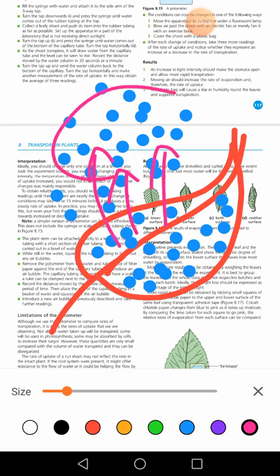And the outside part is quite thin like this. And let me draw some outside cells. So these are the cells that surround the guard cell.